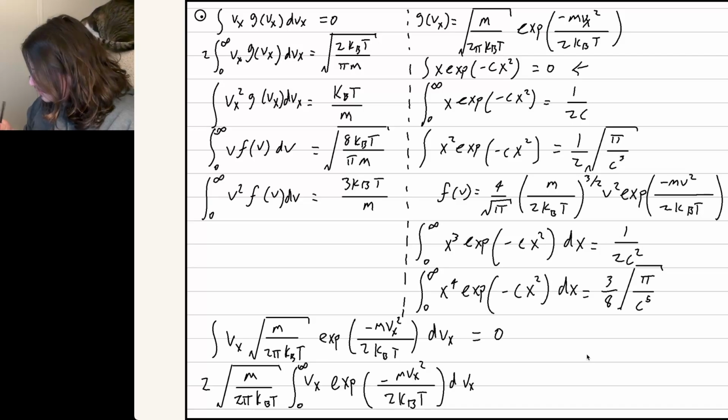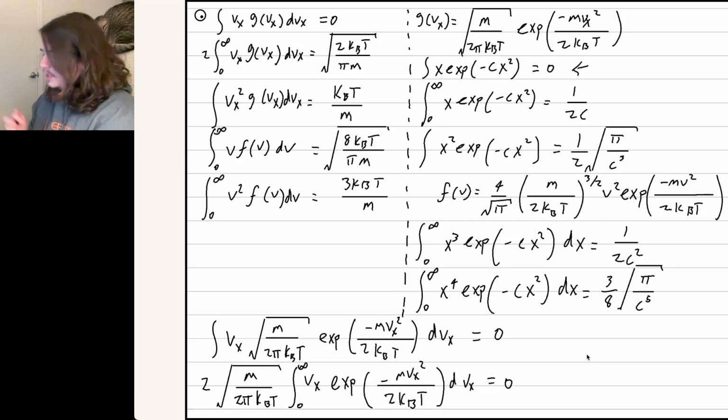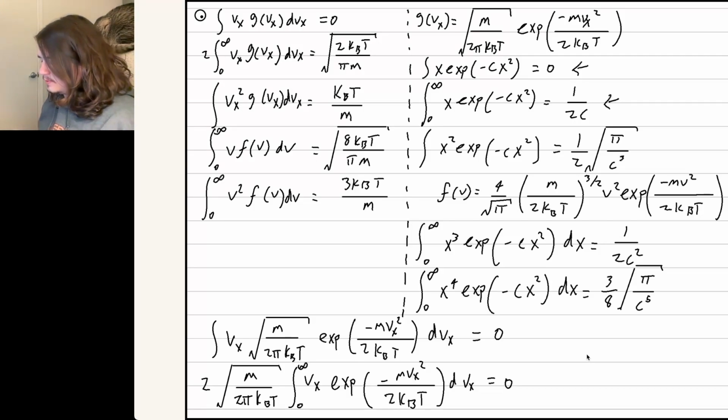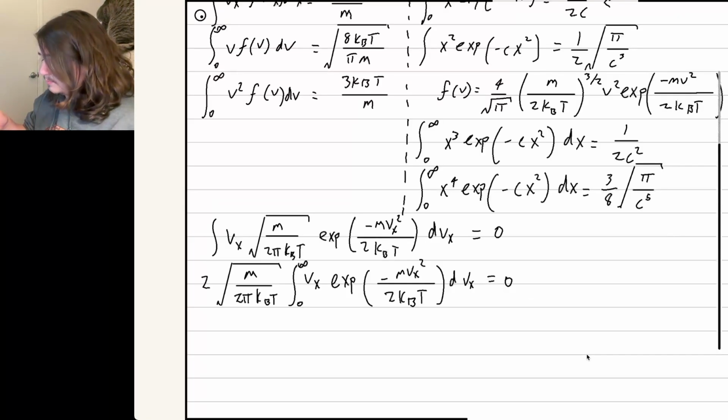This is the second table integral that I wrote down, which has the result equal to 1 over 2c, c being the negative factor inside the exponent. And it shouldn't be equal to 0.